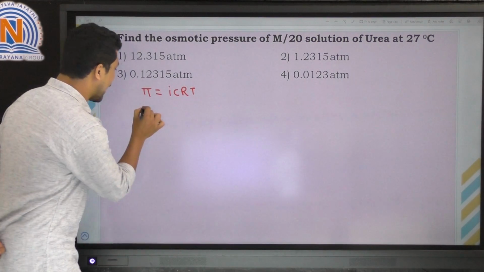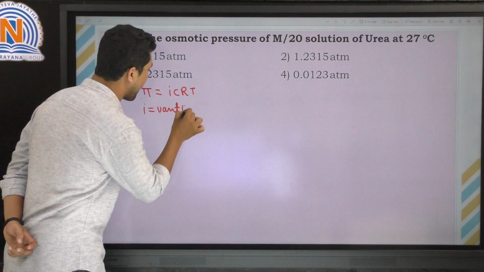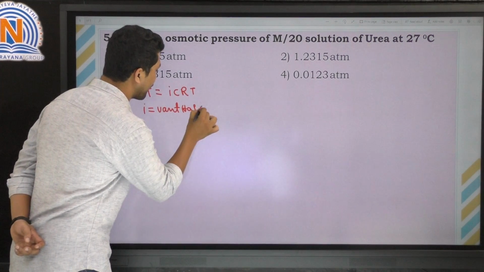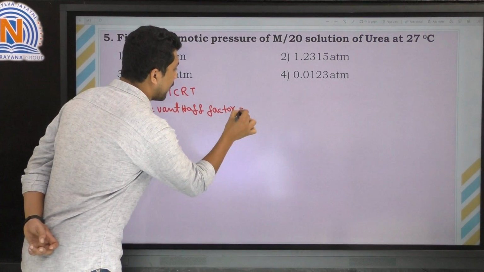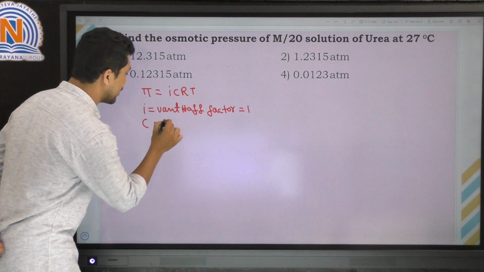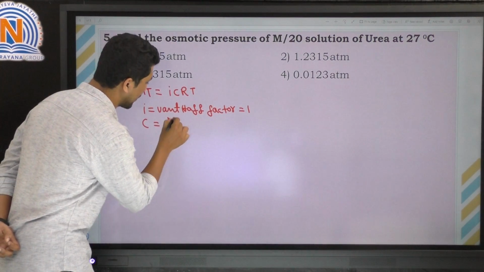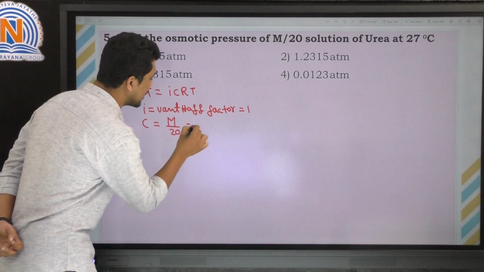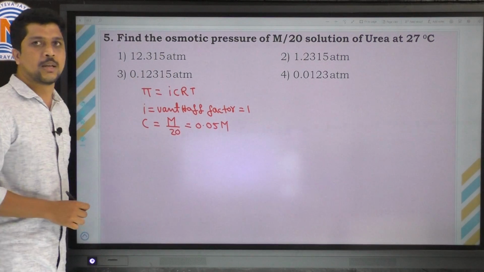Here i is the van't Hoff factor. For urea the van't Hoff factor is 1 and the concentration they have given is M/20, which equals 0.05 molar. Clear?